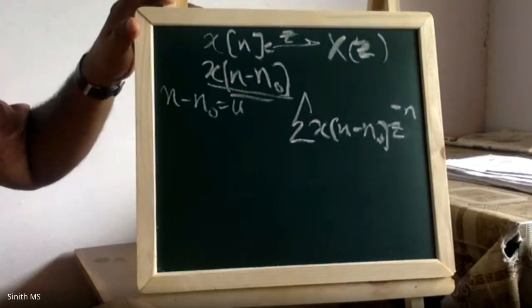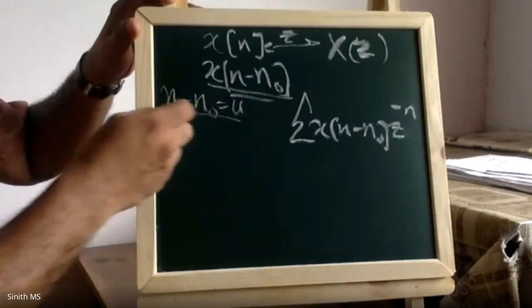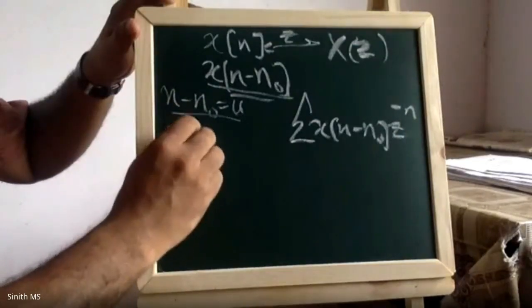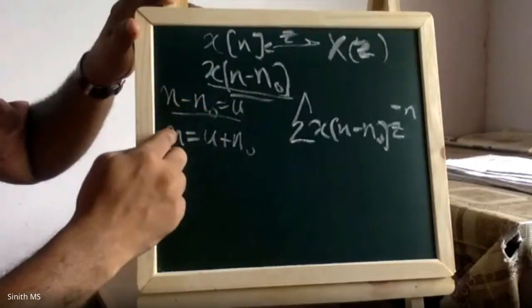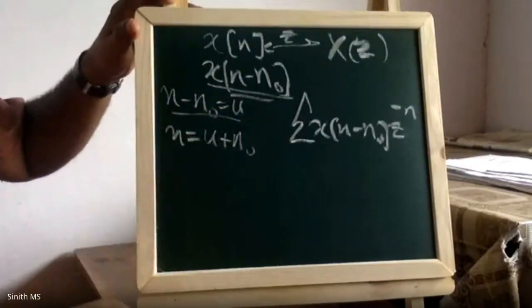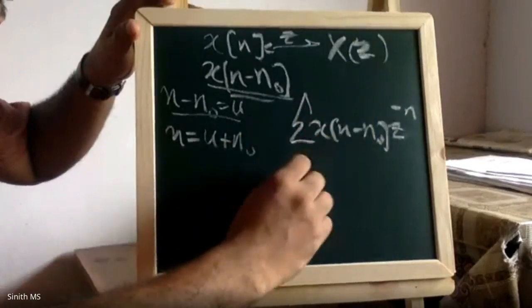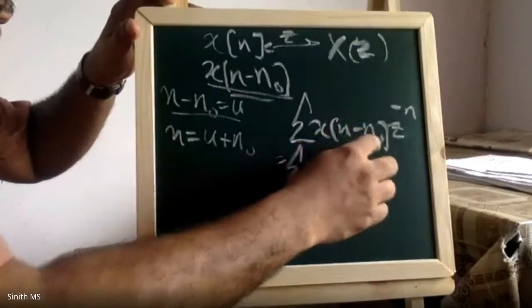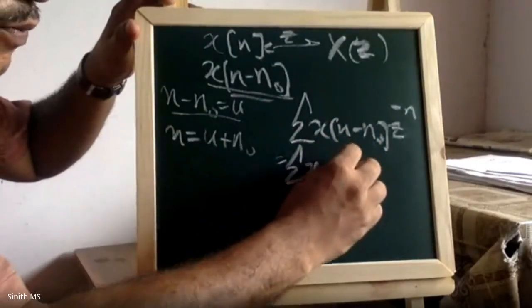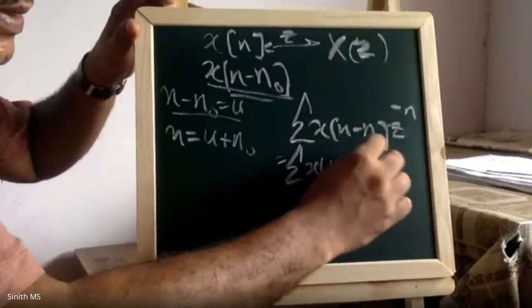So sigma x[n minus n0] z raised to minus n is the Z transform of x[n minus n0], and if you put n minus n0 as u, n can be replaced as u plus n0. From this equation, n is u plus n0. So substituting this here, you get sigma x[u], and z raised to minus n.